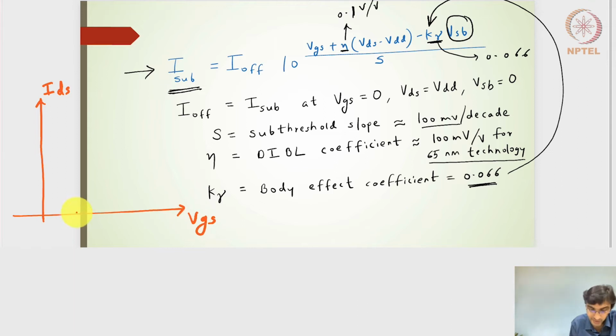What we knew before was that at 0.3 volts I will get some minimal current, and then at 0.4 volts I'll get a higher current, and 0.5 volts will be a higher current, and so on. Somewhere here, at 0.3 volts, is when the channel will be formed.